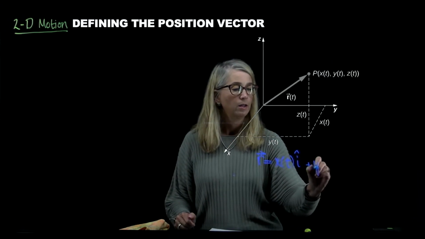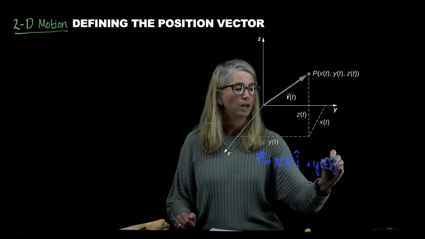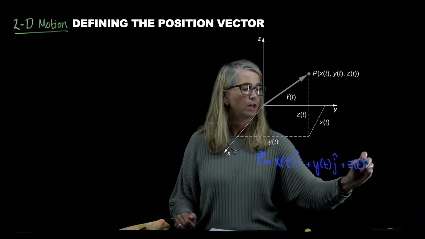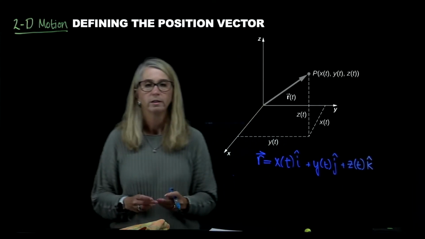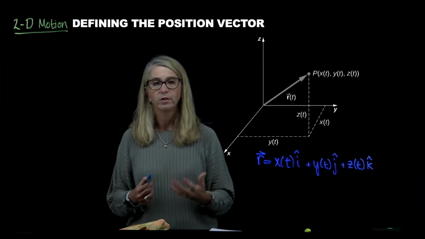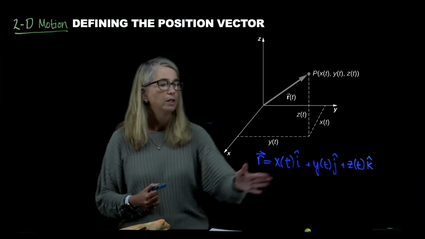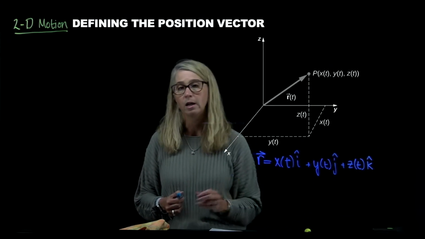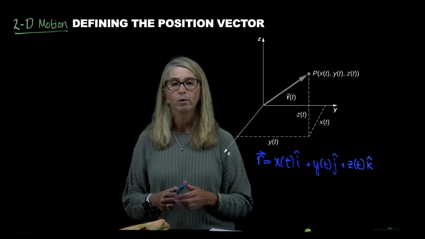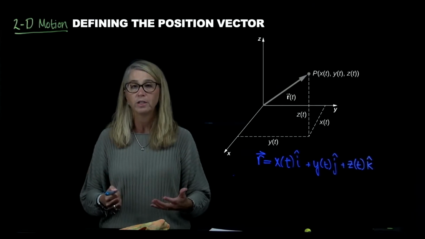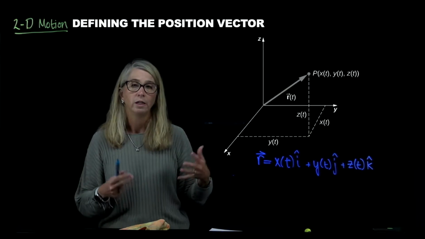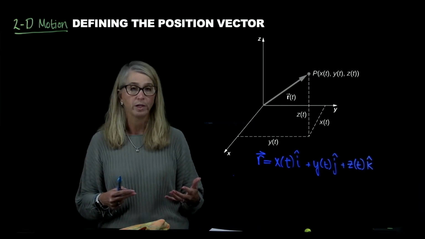Then we have the y position, which can be a function of time, times the j unit vector, and then z, which is a function of time, followed by the k unit vector, which is in the z direction. And so this is how we could write the position vector as a function of time. Each one of these components can depend on time in a different way, but then they would tell you what the x, y, and z components of the position is at a particular time. And so this is how we're going to show position in two or three-dimensional space.